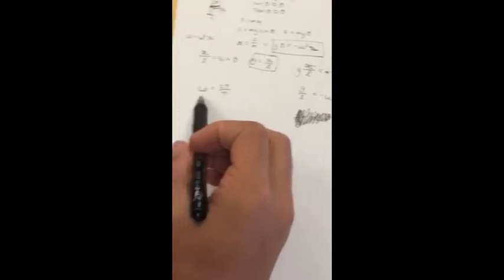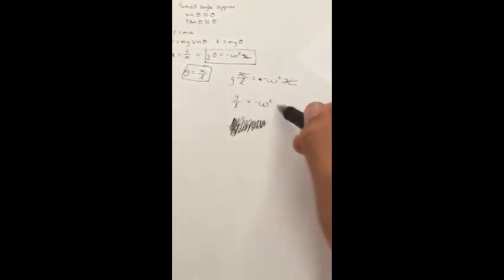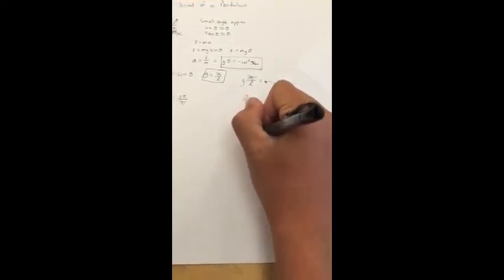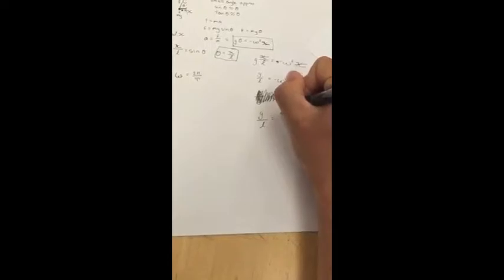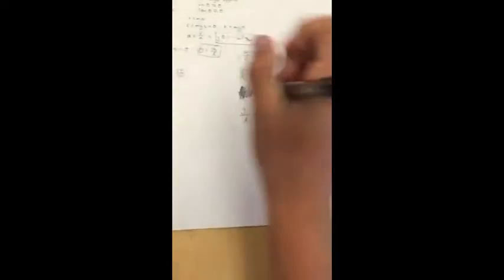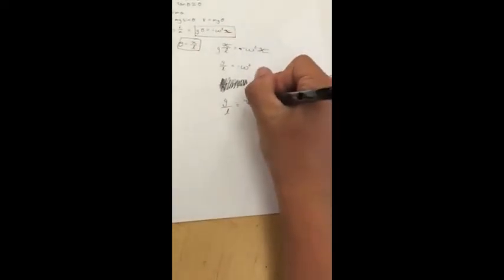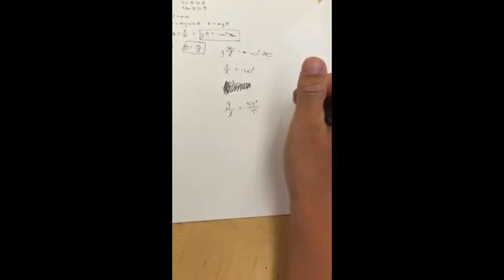So we know that g over L is equal to omega squared. And we previously know that omega is 2 pi over the period. So if we implement this to here, we have g over L equals 4 pi squared, because we have to use that square and distribute, over the period squared.